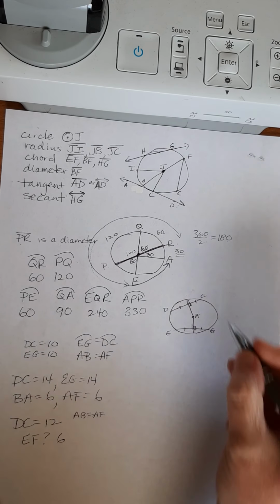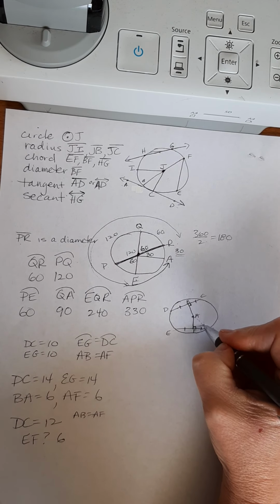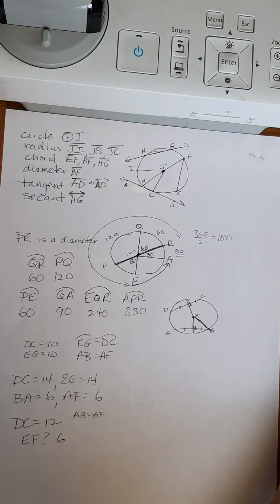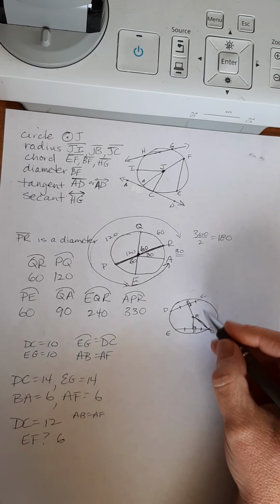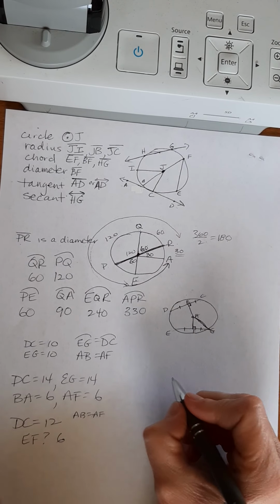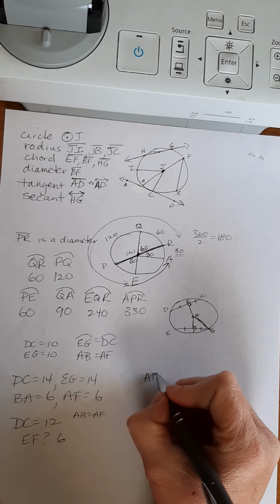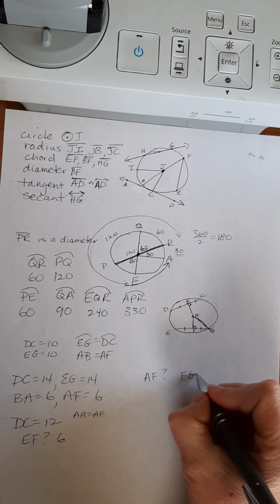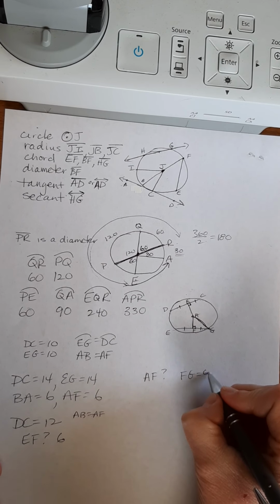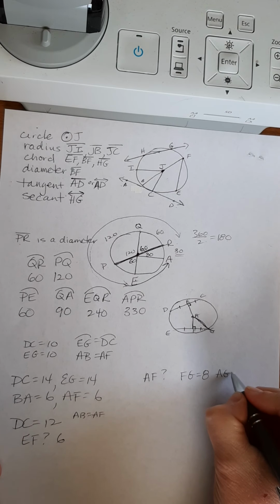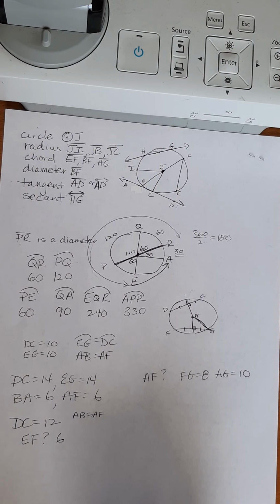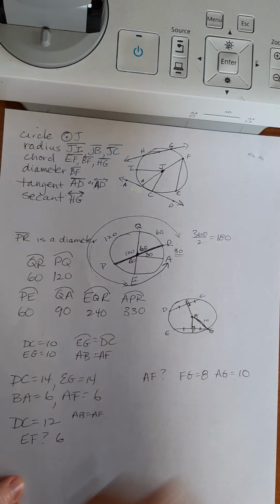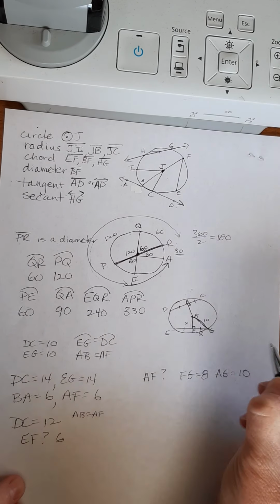Now, last but not least, I know you're thinking, oh, there's a right angle. What about if I draw the radius there? Of course, they can give you some with Pythagorean theorem. Like if I told you, find AF if FG is 8 and AG is 10. Well, put in your figures, so 10, 8, x.